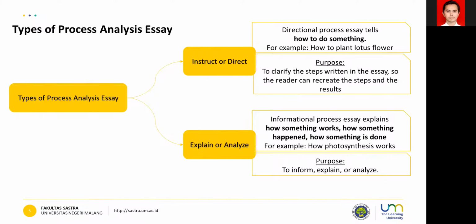The second type is explanations or analysis. An informational process essay explains how something works, how something happened, how something is done. It is not the surface process, but inside the process, a deeper structure.